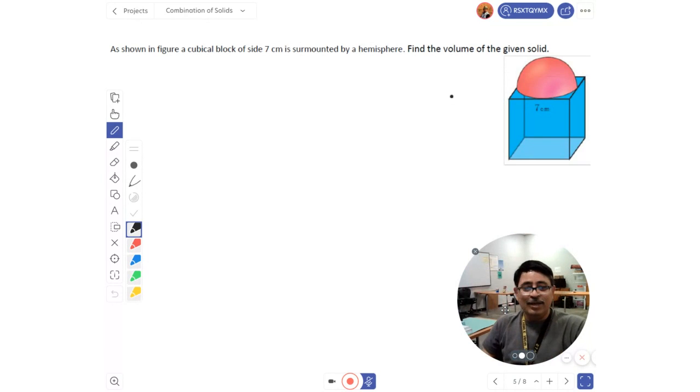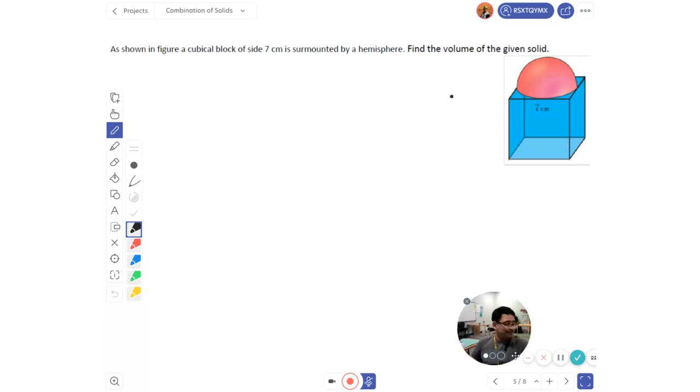Okay, so let me minimize myself. So here we have to compute these two separately. The first part is the volume of a hemisphere. Let me write it here.